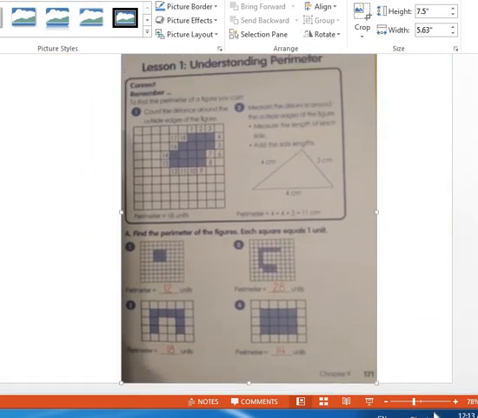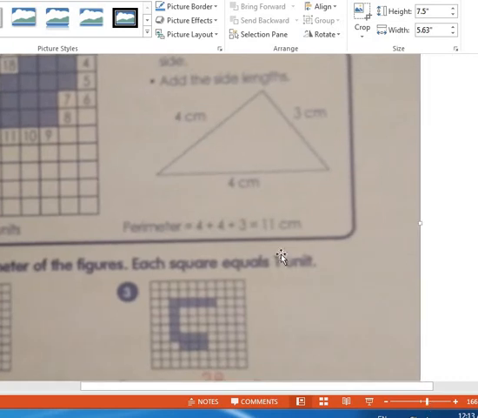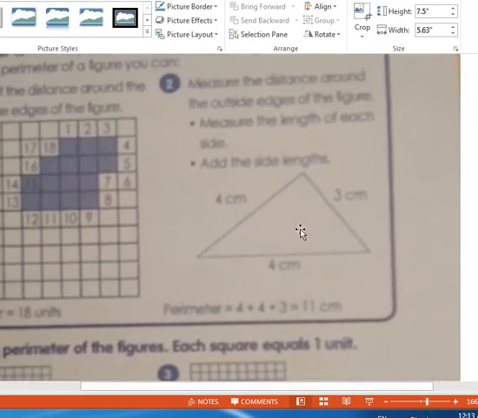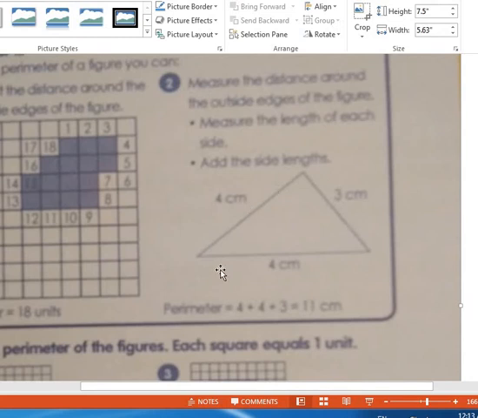Here, he gives me a triangle. Look with me. This triangle has how many sides? 3 sides. Excellent. Its measures are 3 centimeters, 4 centimeters, 4 centimeters, and he wants me to find the perimeter of this shape.